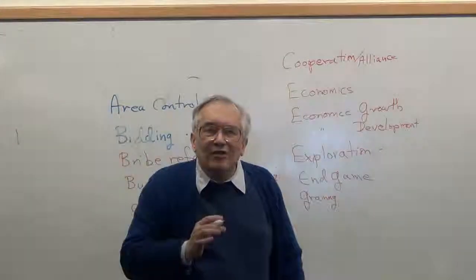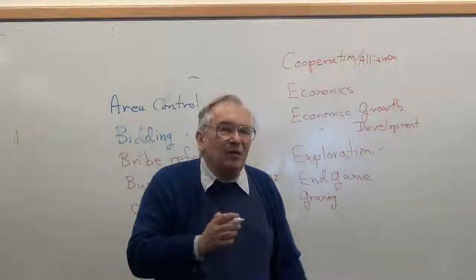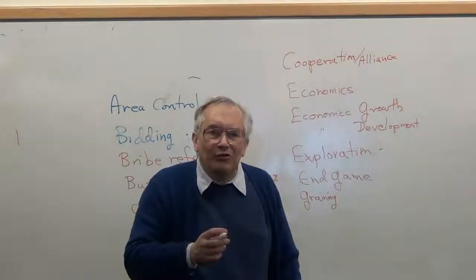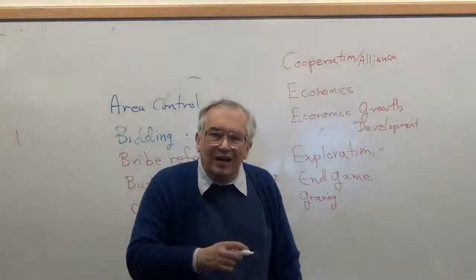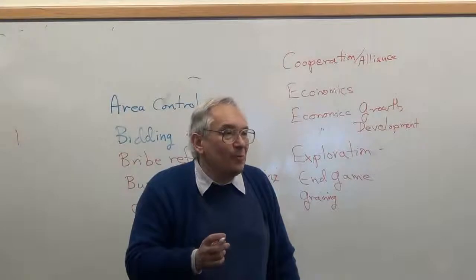I'll do Conquest again as an illustration of graining. The graining was that if you had enough force, you could attack the other side, and if you knew what you were counting right, you would for sure win.